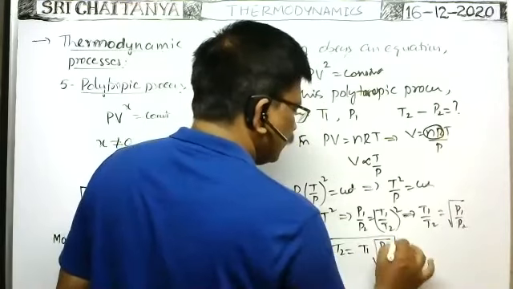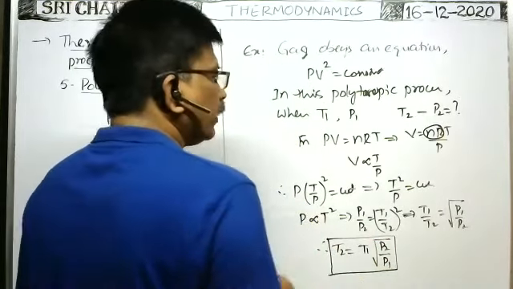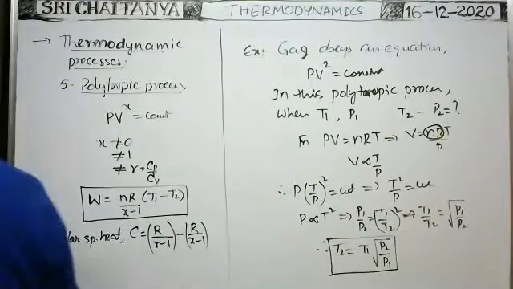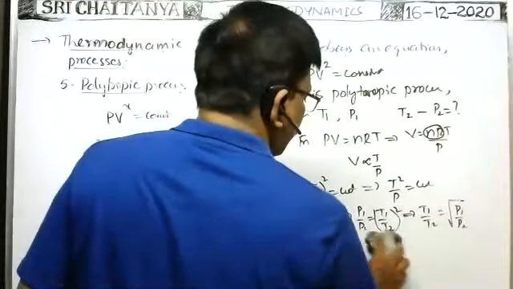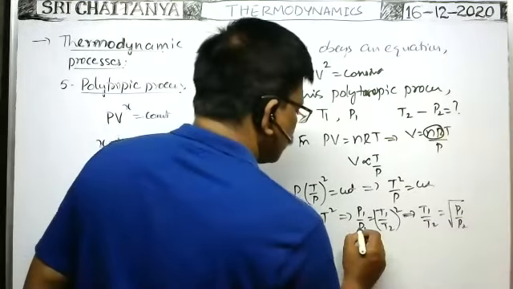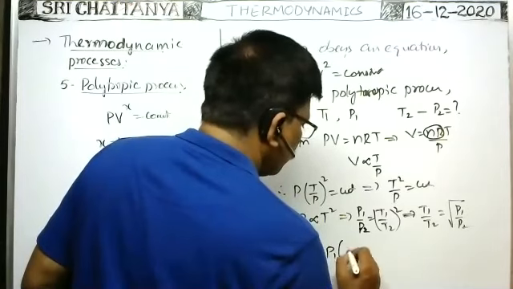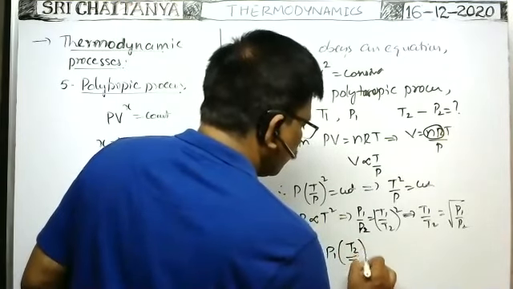Sorry, it is the pressure P2 we need. So from this, P2 is equal to P1 into T2 by T1 whole square.